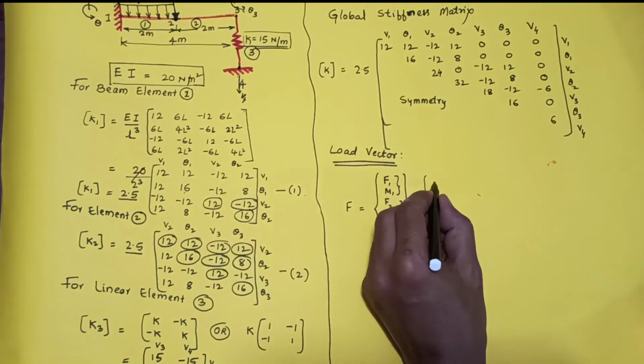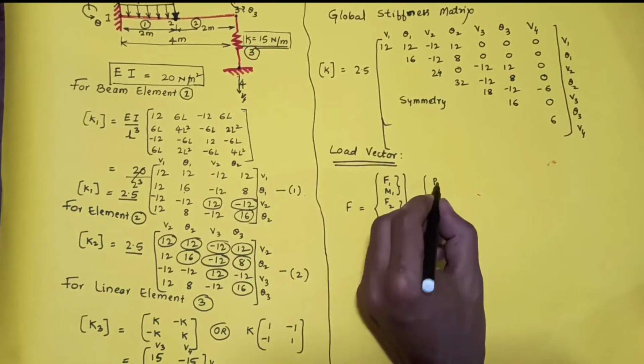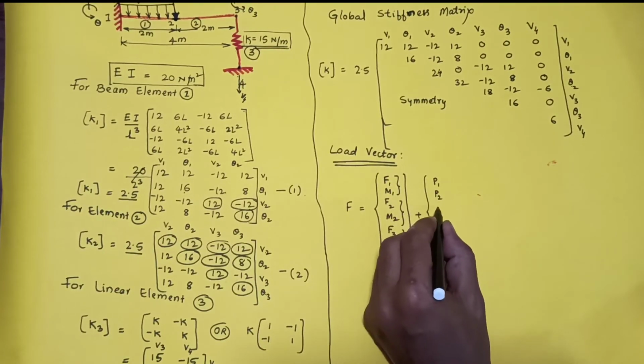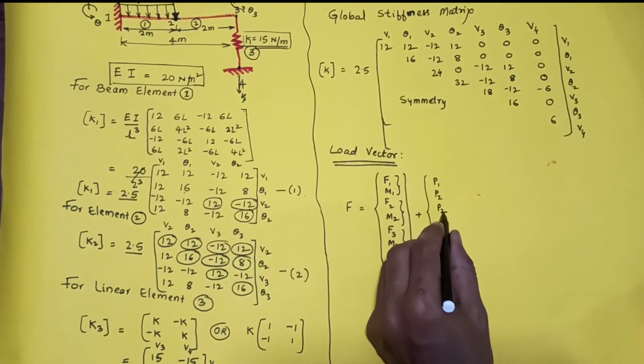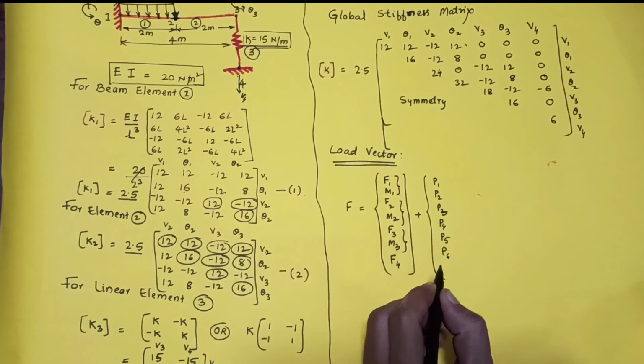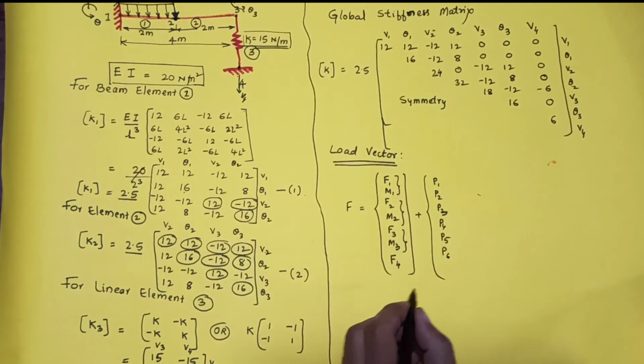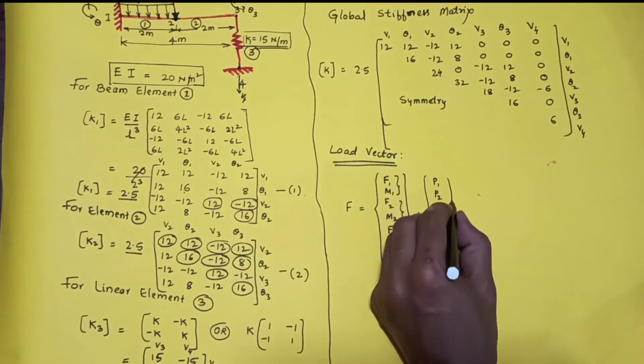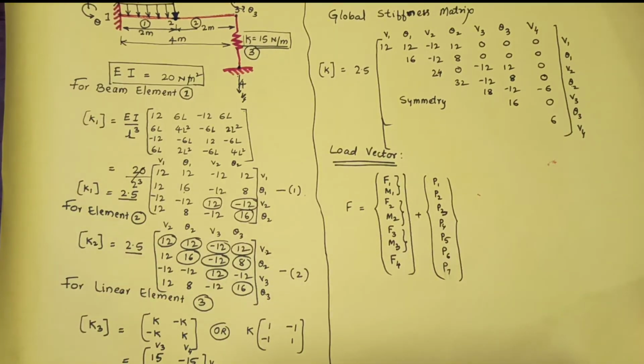Now we'll say P1, P2, P3, P4, P5, P6, P7. So just numbering will be given.